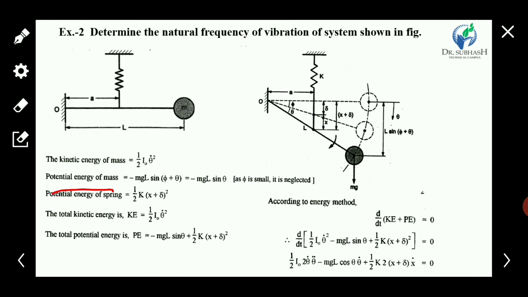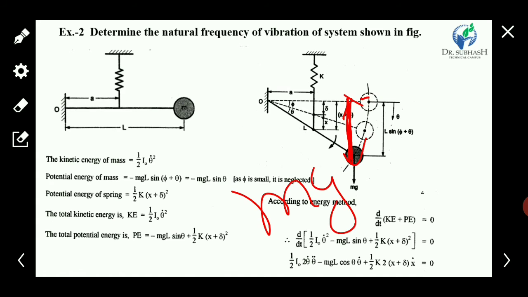Now the potential energy of the mass. Here the triangle is there. The mass moves in the downward direction, so the height is decreased. Due to the decrease in height, the potential energy is decreased according to h.